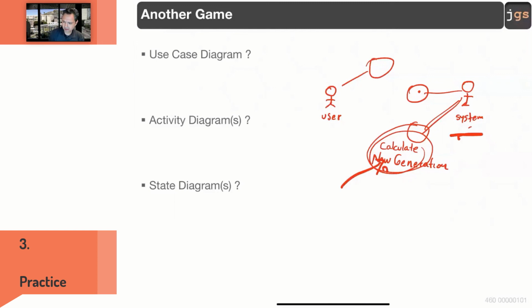What about state diagrams? Do we need to provide information about data? Any variable that is going to change from one particular value to another in some way?